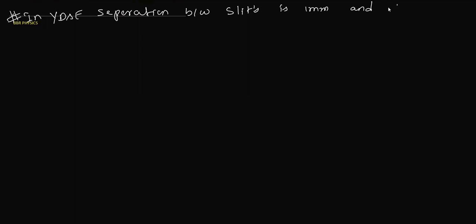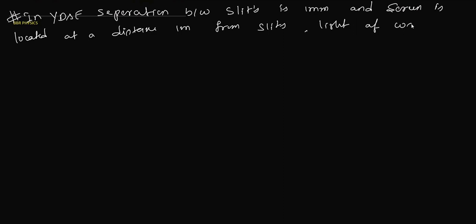See, fine. They're going to ask a question like this. In Young's double slit experiment, the separation between the slits is 1 millimeter and the screen is located at a distance of 1 meter from the slits.